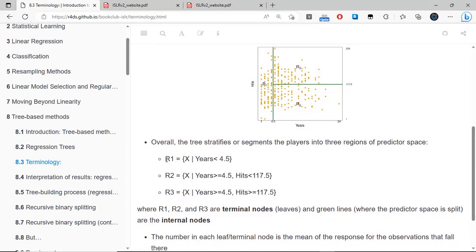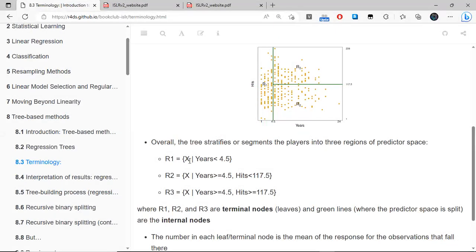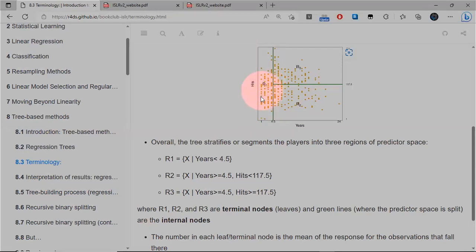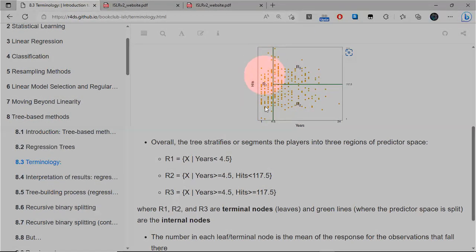In particular, this R1, this rectangle over here, represents the data that corresponds to those players for which the variable years is smaller than 4.5. So this rectangle to the left. Then once we do this segmentation, we have this rectangle to the left and this rectangle to the right.